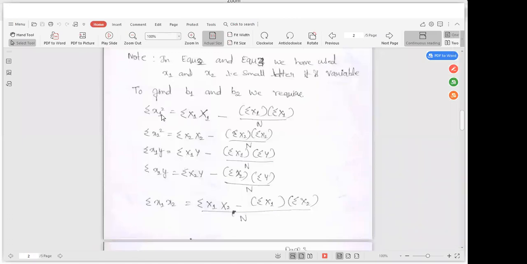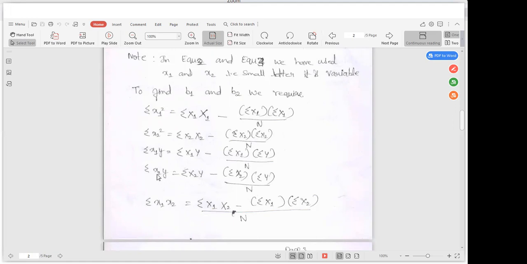Now, small x1 square will be equal to summation of x1 square minus summation of x1 into summation of x1 divided by n. Similarly, small x2 square is summation of x2 square minus summation of x2 into summation of x2 divided by n. Similarly, small x1y is summation of x1y, these are the capital letters, minus summation of x1 into summation of y divided by n.